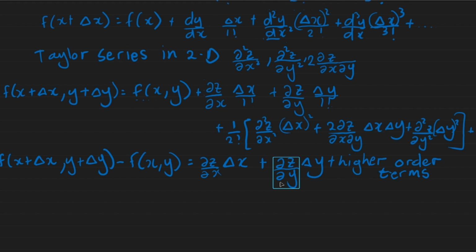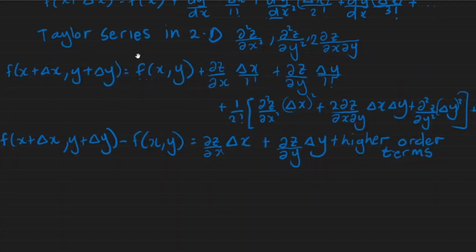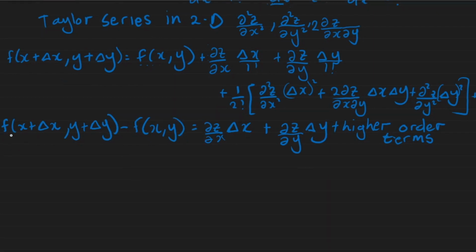But before we even do that, if we just look at this term on the left-hand side, if we go to the top, we see that delta z is equal to f(x plus delta x, y plus delta y) minus f(x, y). And if we look at this term on the right-hand side, we see that it's the same as this term here, what's on the left. So this entire term on the left is just delta z.